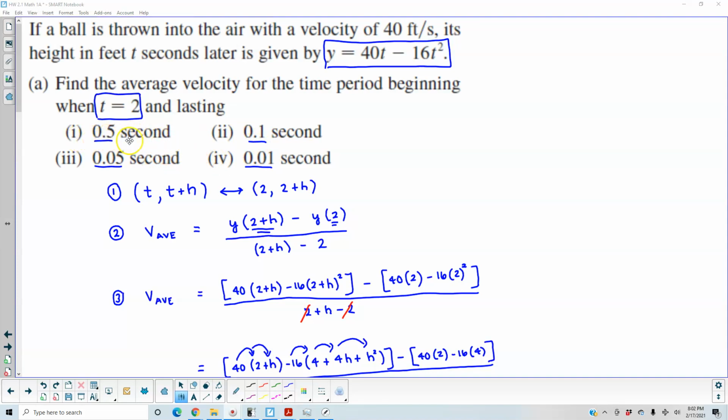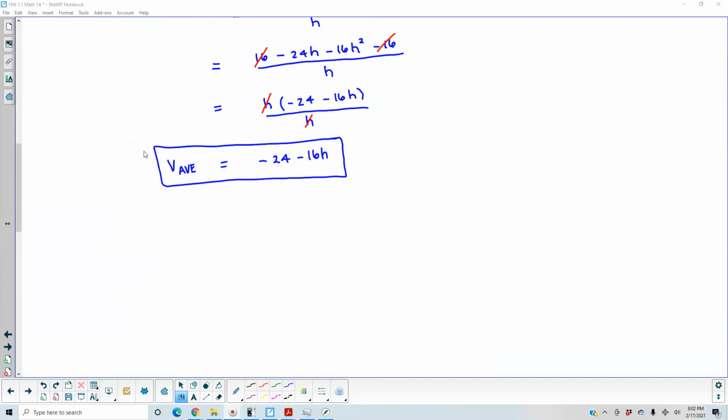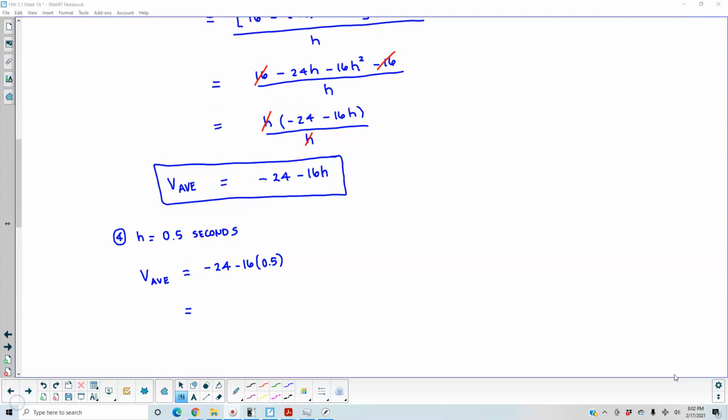Our first one, h, is going to be 0.5 seconds. When h is equal to 0.5 seconds, we want to find the average velocity. That's negative 24 minus 16 times 0.5, which gives us negative 32 feet per second.